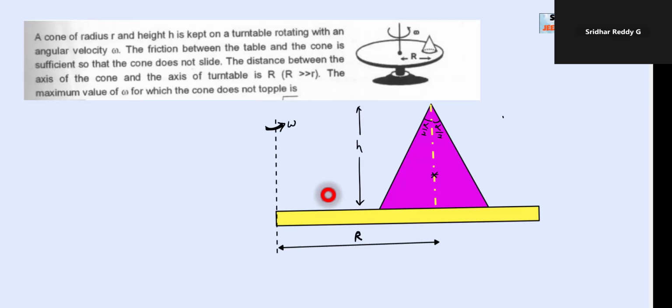Okay, now we are taking the toppling due to the centrifugal force. There is a cone of radius r and height h kept on a turntable. This is a turntable, and this is a cone.